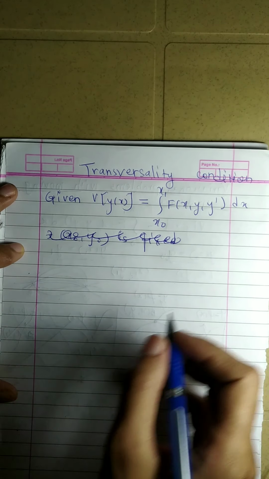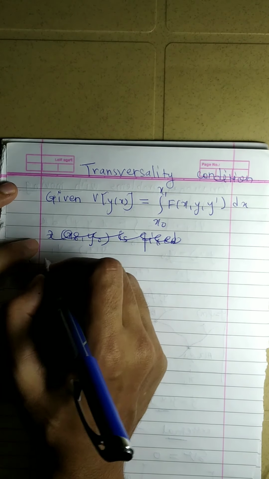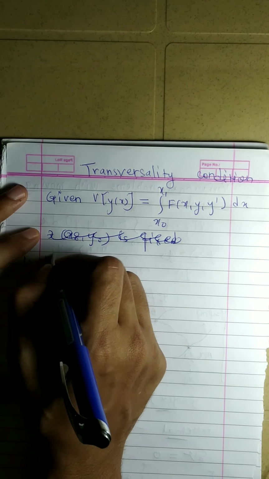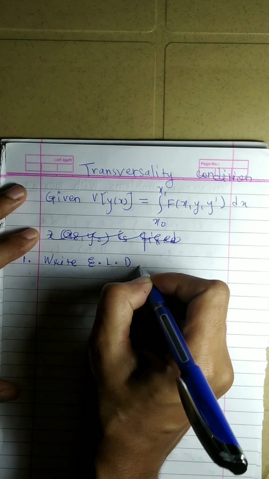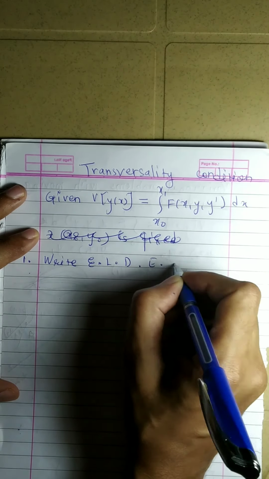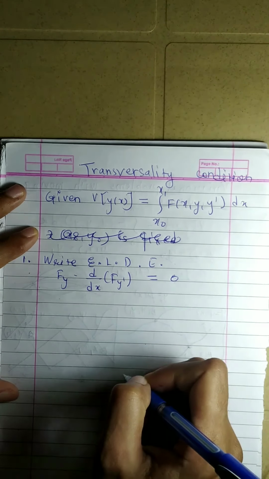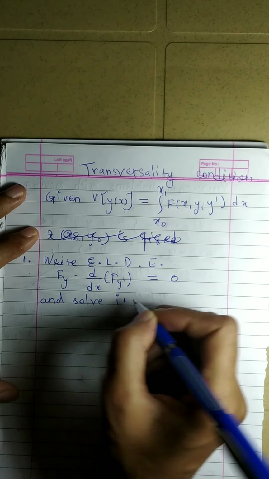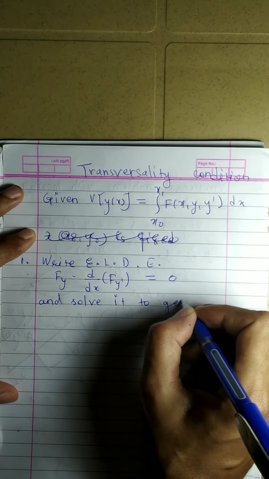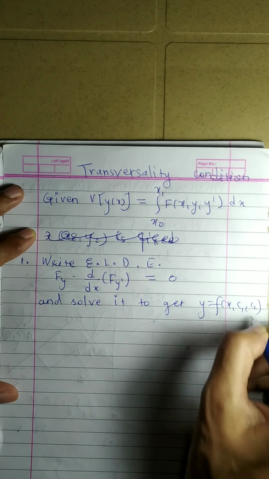Okay, so first, we write the Euler-Lagrange differential equation, that is F_y minus d/dx of F_y' equal to 0, and solve it to get y equal to a function of x, c1 and c2.